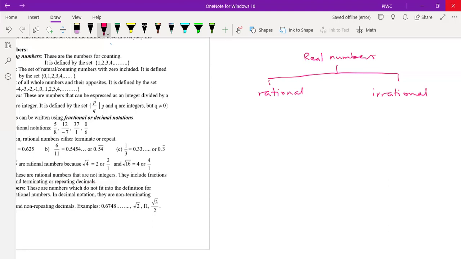The rational numbers include the whole numbers, and then we have the non-integers.